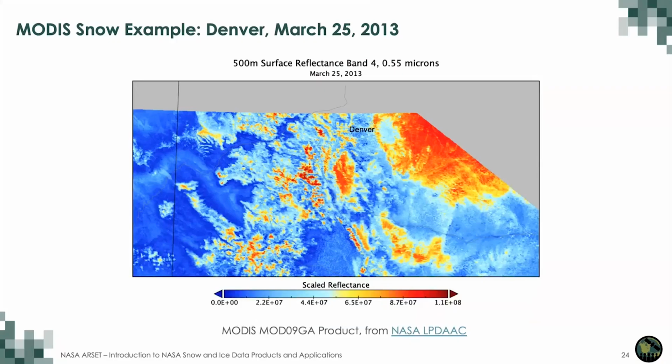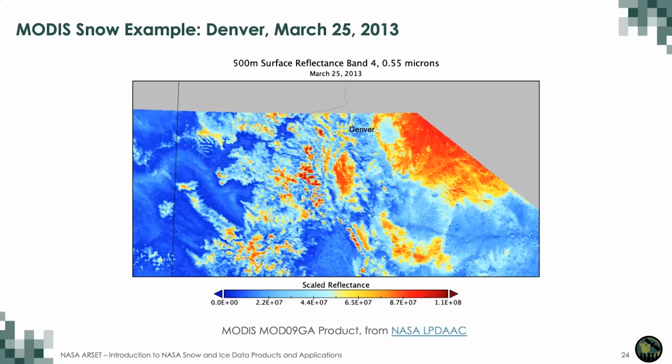If we look at the reflectance band, this is from MODIS at 0.55 microns, similar to the 0.6 that I talked about. This is a scaled reflectance, so it's just showing high reflectance versus low reflectance, not scaled 0 to 1, but giving you the relative reflectance. You can see the very bright red, which is very high reflectance, east of Denver to the right, and also in areas of the mountains.